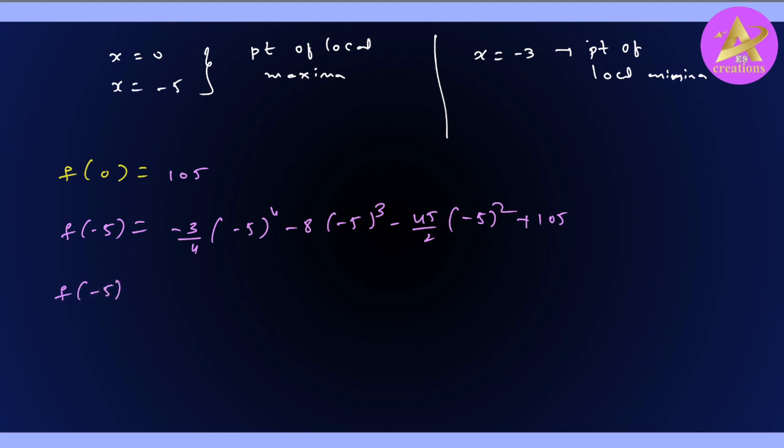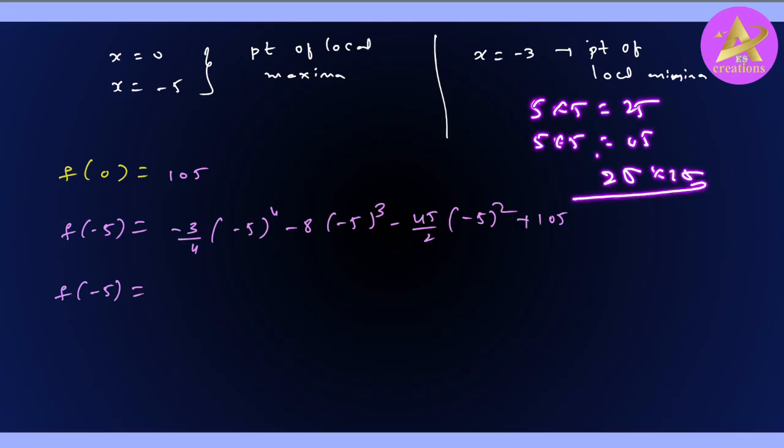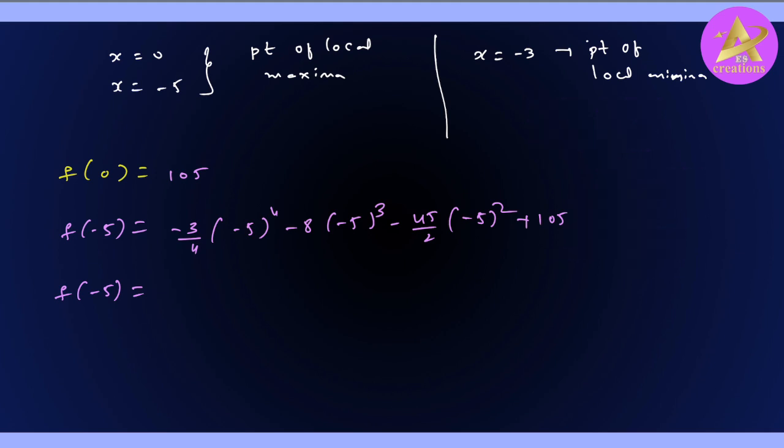F of minus 5 is equal to, since 4 is an even power, the negative becomes positive, 5 raised to the power 4. 5 into 5 into 5 into 5: 5 5 is 25, again 25, and 25 into 25 is 625.